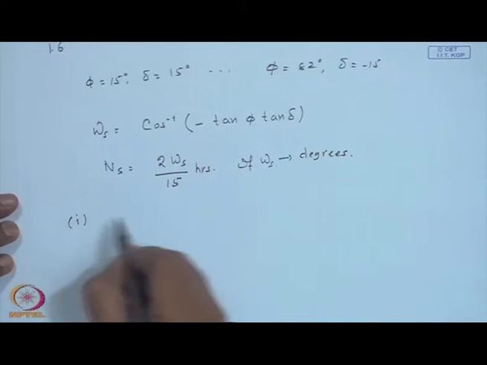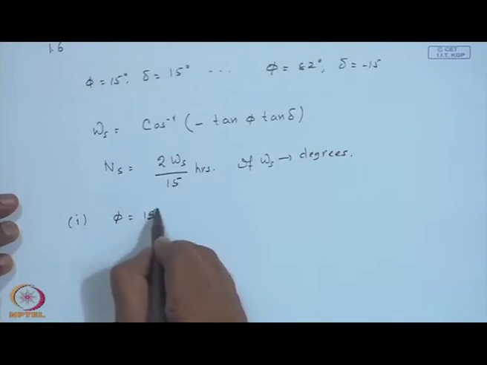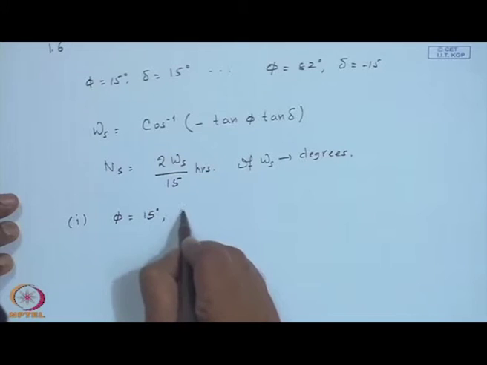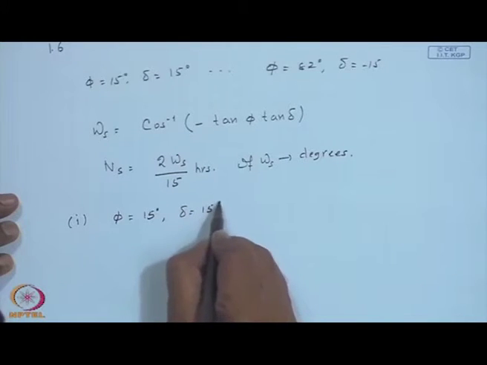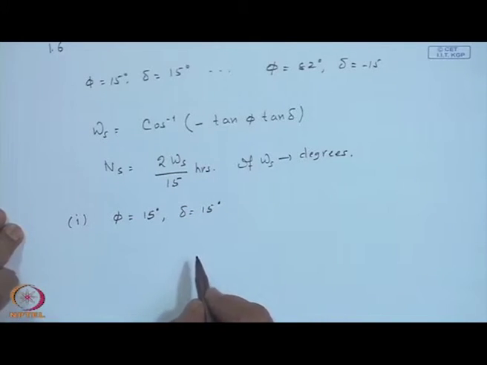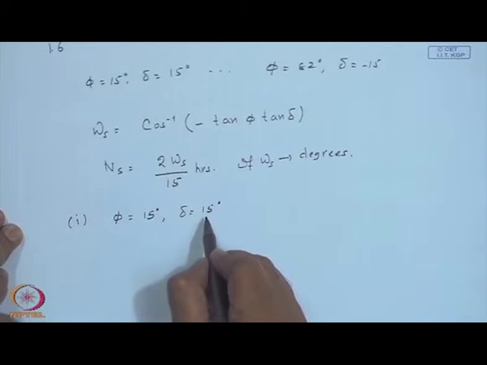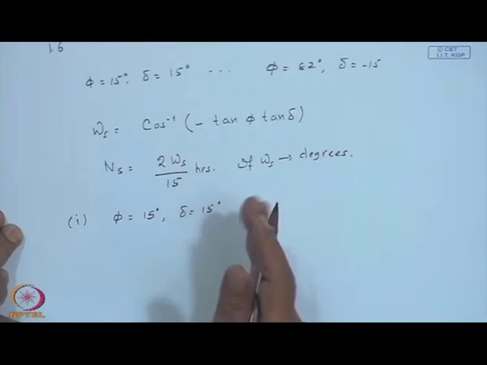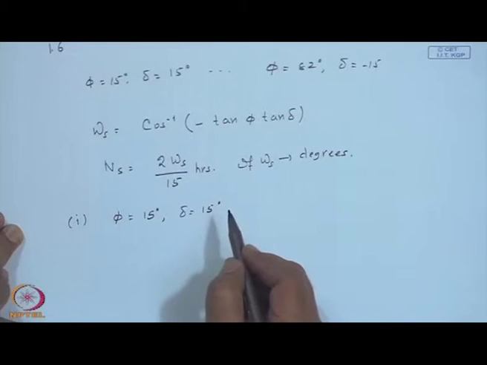First combination is latitude 15 degrees at the declination 15 degrees, not that phi is equal to delta. I just wanted to pick up a sort of average positive declination, which will be 0 to 23, and 15 is a good number.